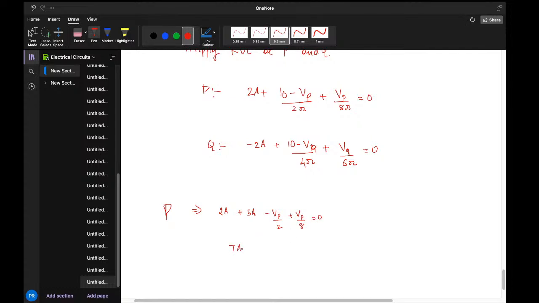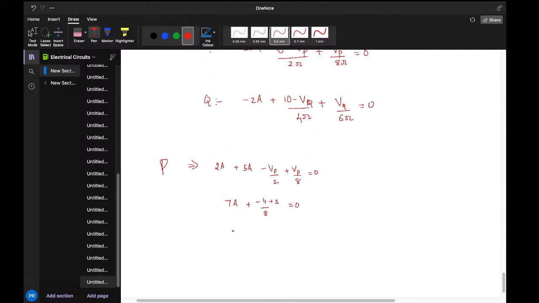So 7 amps plus 8 over here, so it's 4 plus 1, so it's minus 4 plus 1 over here is equal to 0 times Vp. I just forgot to put Vp.